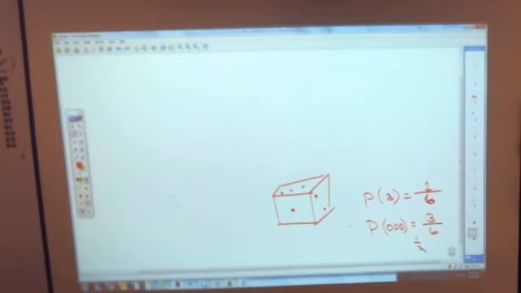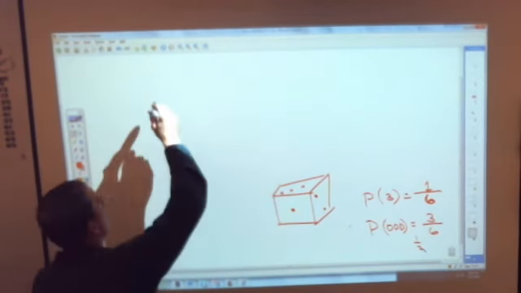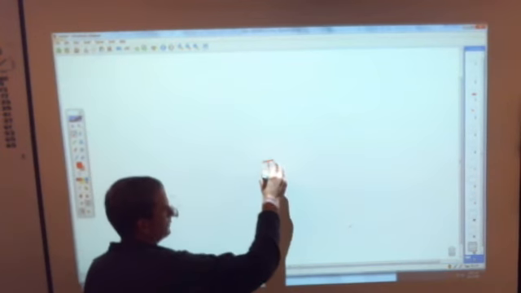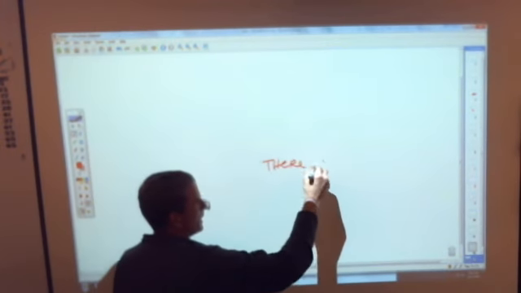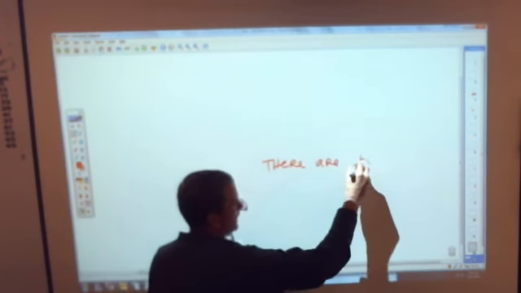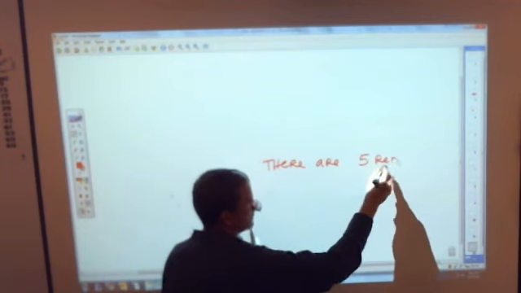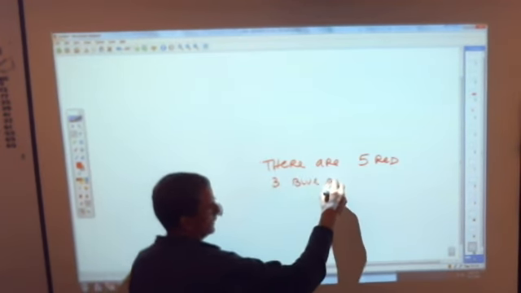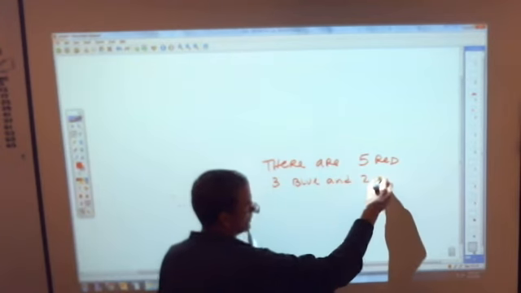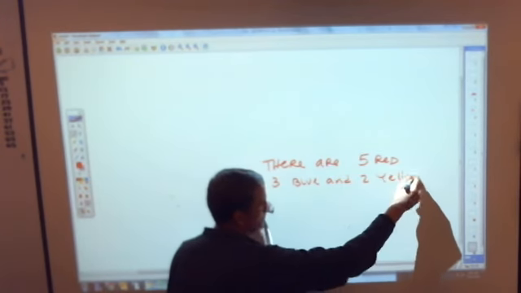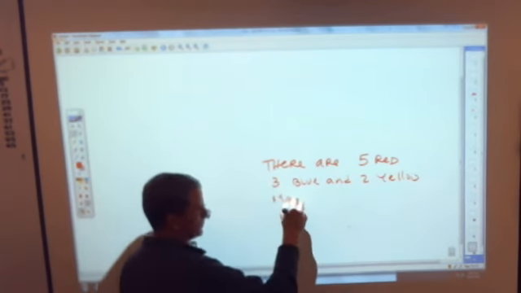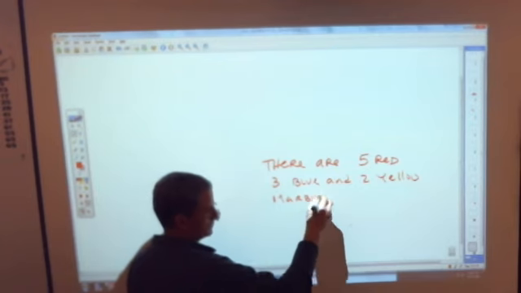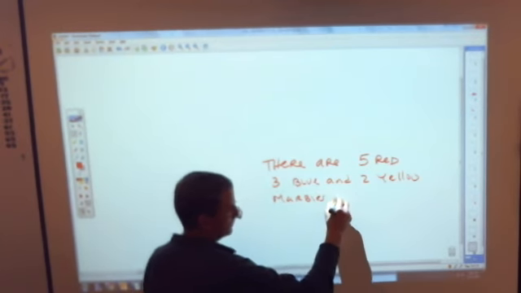What else? Let's do one more. Write this down. There are 5 red, 3 blue, and 2 yellow marbles in a bag.